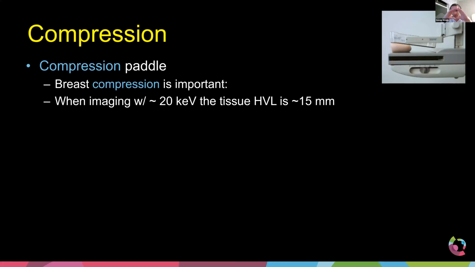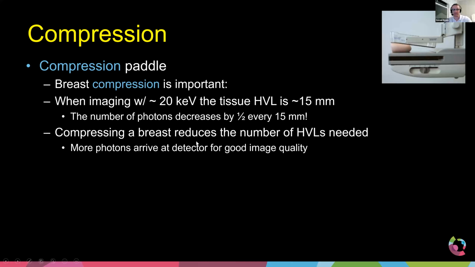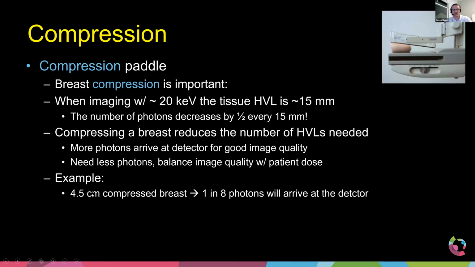So you're effectively reducing the number of half value layers to penetrate. When imaging with, say, a 20 keV beam, you have roughly a half value layer of 15 millimeters, so 1.5 centimeters. The number of photons will decrease by 1/2 every 15 millimeters. Compressing the breast reduces the number of half value layers.